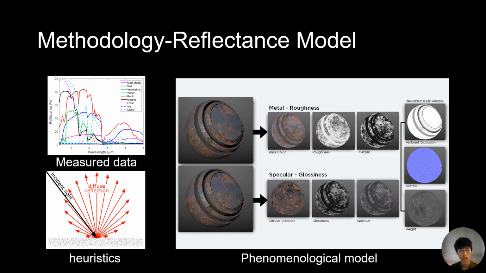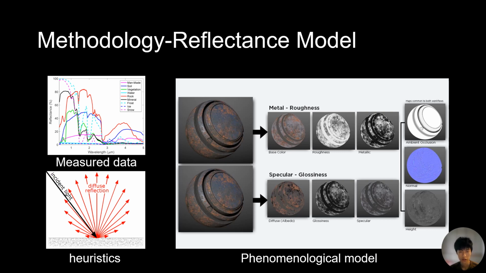In terms of reflectance model, we chose among different reflectance models, such as measured data and heuristic-based models. We finally take the phenomenological model as our solution, given its popularity in both enterprise development and academic fields.